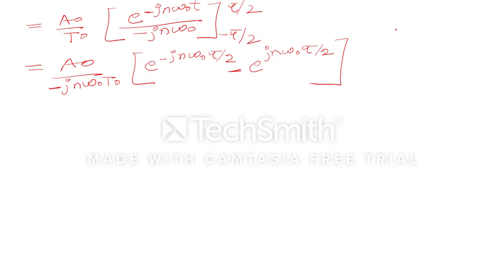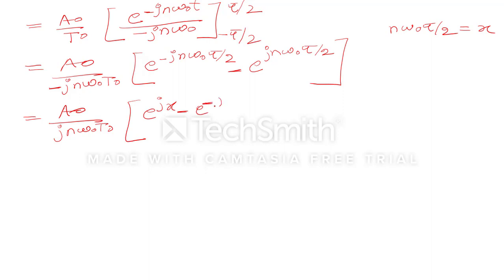Suppose n omega naught tau by 2 is equal to x, so our equation becomes a little simplified. Taking the minus and common j n omega naught t naught, it becomes e to the power jx minus e to the power minus jx.